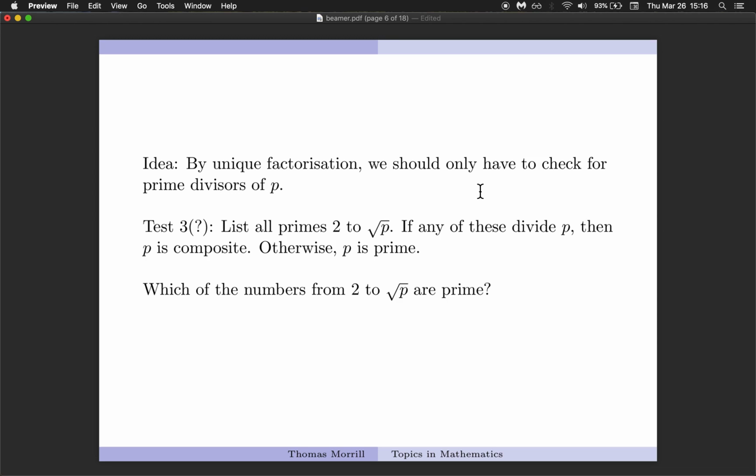So, if I list all the numbers from 2 up to the square root of p, I only actually need to check the prime numbers. So let's do that. Let's list every single prime number from 2 up to the square root of p. If I have that list, I can check all of those primes, whether or not they divide p.